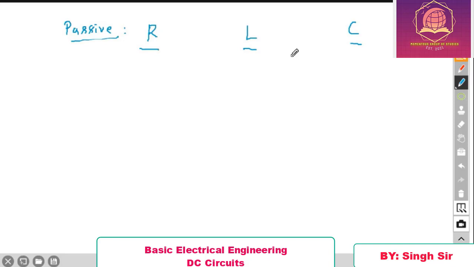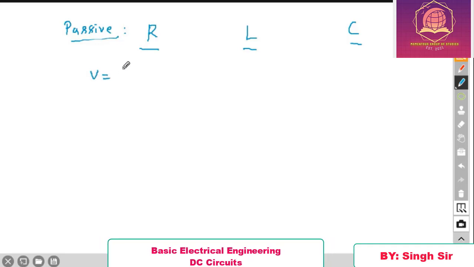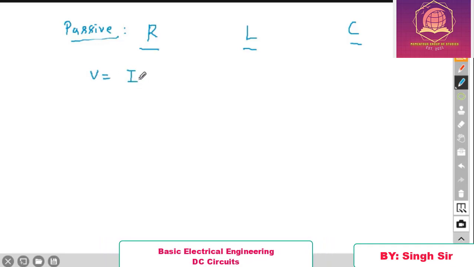For resistance, the voltage equation is given by I into R. It comes from Ohm's law. In the next lecture we'll discuss this equation in much detail. In the same way, to find the current we can write V by R.